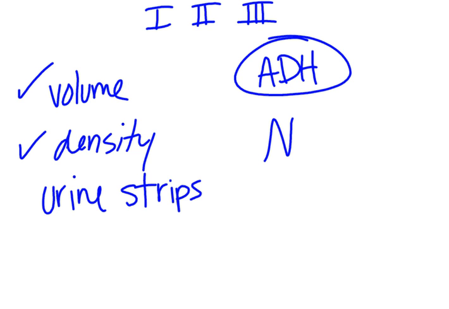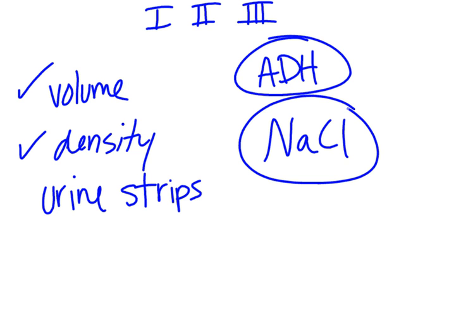I want to know what effect sodium chloride has on the volume of your urine, the density of your urine, and what other characteristics of your urine you can look at, and how that sodium chloride affected it.